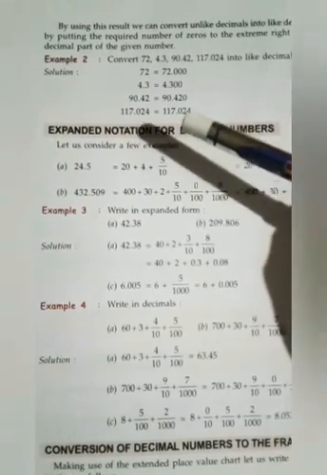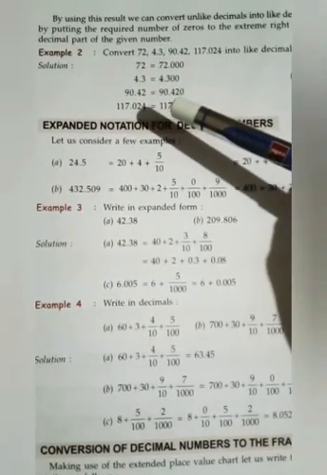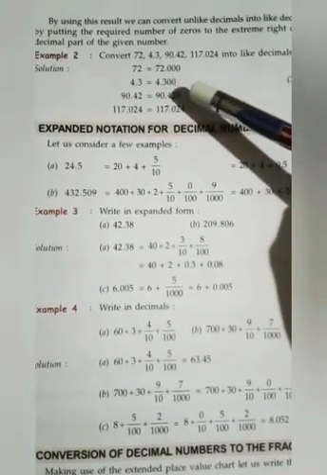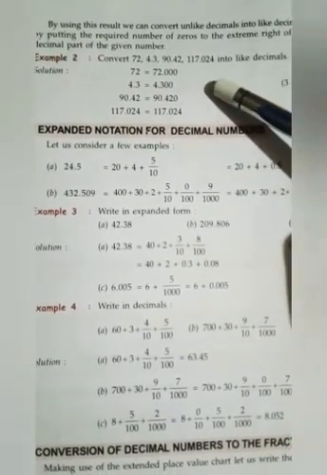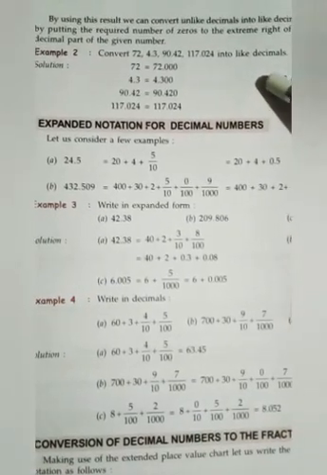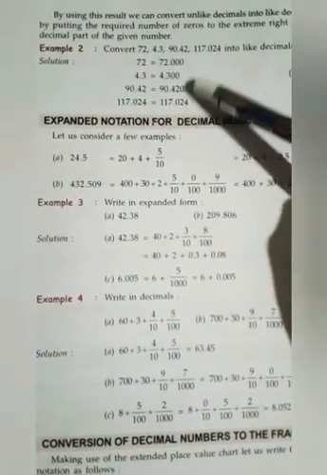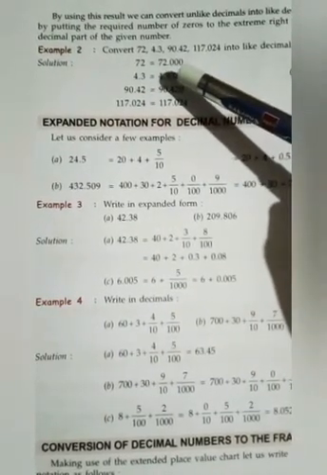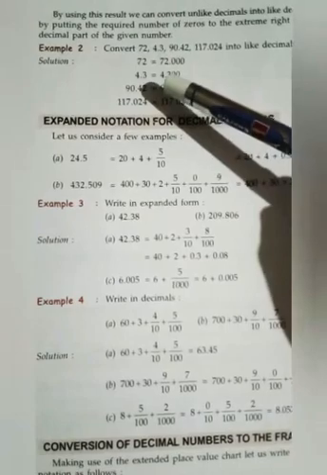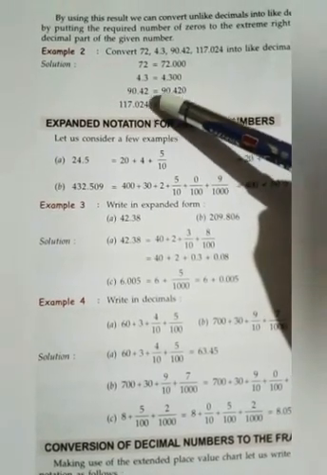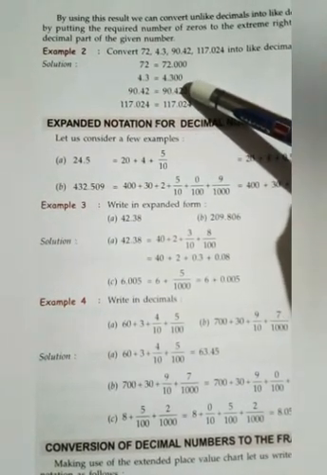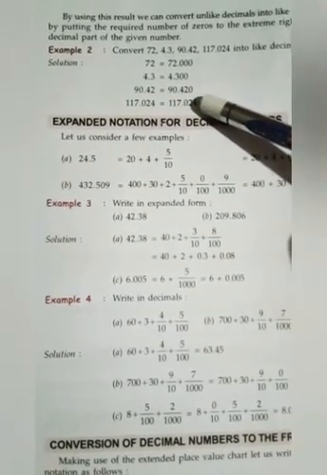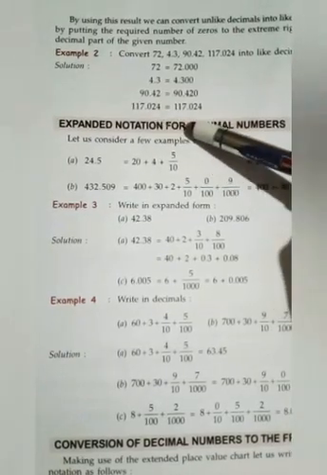Example 2. Convert 72, then 4.3, then 90.42, 117.024 into like decimals. Children, here you see 72 means 72.000, 4.3 means 4.300, 90.42 means 90.420, and this is the same.